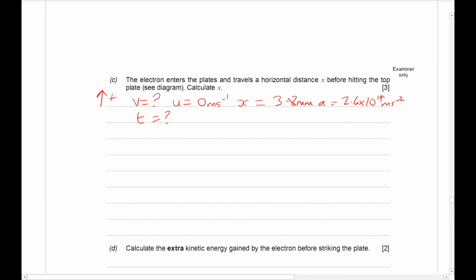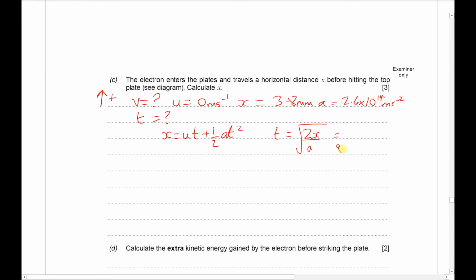We're trying to find a horizontal distance, so first of all we use these data for the vertical motion to find t. We'd be looking for the equation that doesn't have v in it, so that would be x equals ut plus a half at squared. The ut bit is 0, so this simplifies to x equals a half at squared, and hence t is 2x over a, all square rooted.